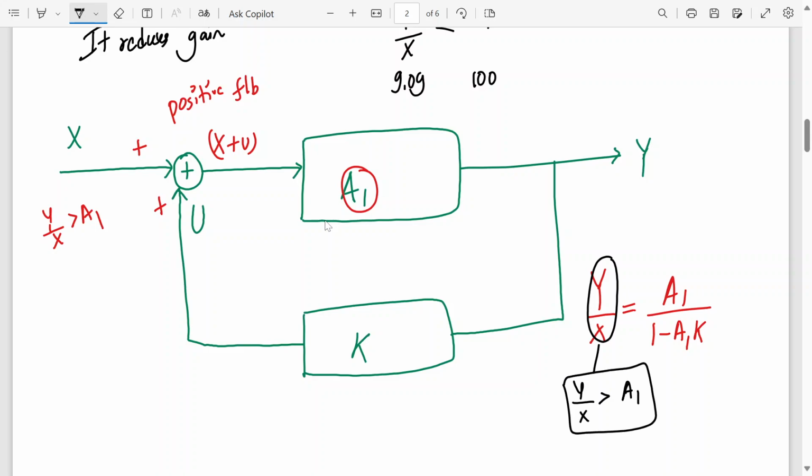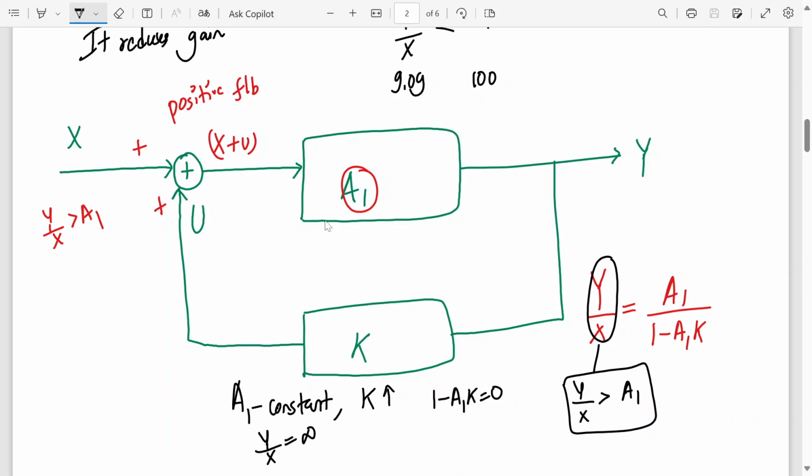Now let's say a1 is constant and you go on increasing the value of k. At one value of k, 1 minus a1k will become 0. During that time, what will happen? Y upon x will become infinite. Matlab the gain of the entire system will become infinite.